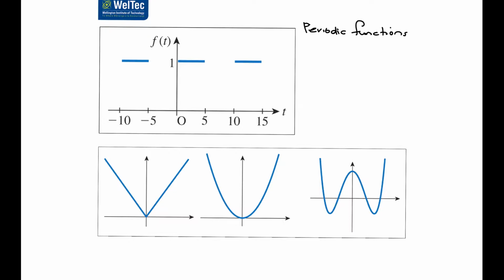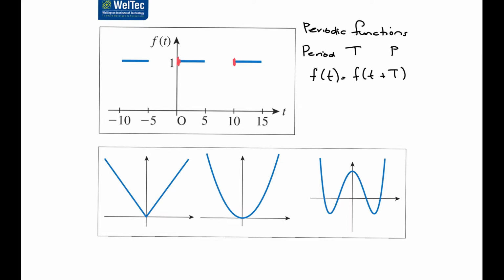We talk about the period, and sometimes we use a t, or sometimes we use a p. And if we're going to use a t, then we can write it like this, because adding the period does nothing. In this particular one, we can see that the period is going from here to here, and then it repeats itself again.